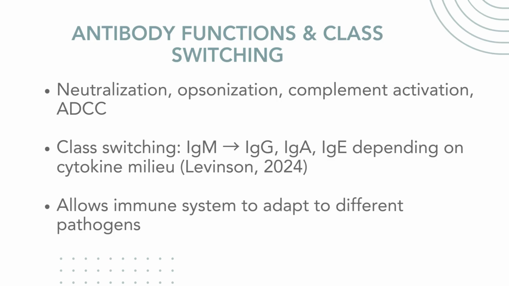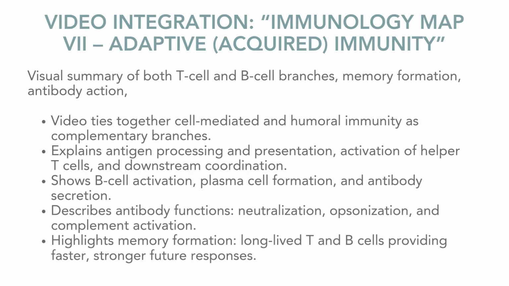So the next video ties into that as well, and it talks about the T cell and B cell branches. The video for this one is the immunology map, and it gives us a combined overview of adaptive immunity. It illustrates antigen presentation, helper T cell activation, and B cell differentiation, and it shows how the arms of communication depend on one another.